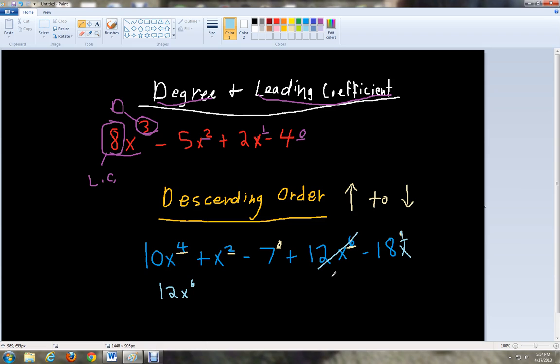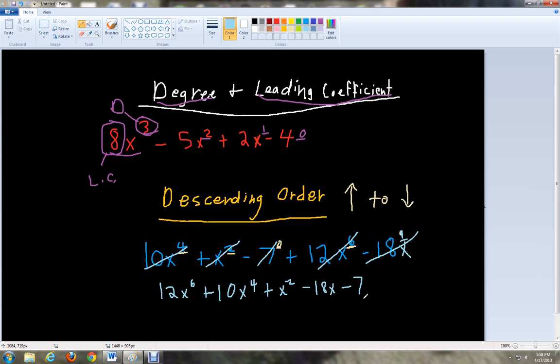So we're taking care of that one. And then we go to the next highest, that's going to be plus 10x to the 4th. Done with that one. And then we look at plus x squared. Done with that one. And then we have x to the first power, that's minus 18x. Done with that one, that leaves us with minus 7 at the very end.